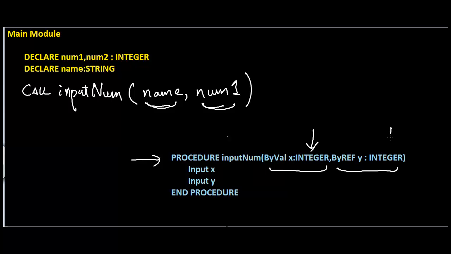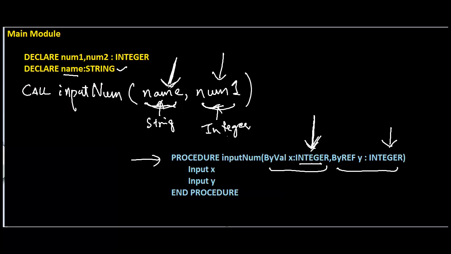Integer. And the second parameter must have what data type? Integer. Here this first parameter name has the data type string, and this num1 has an integer data type.